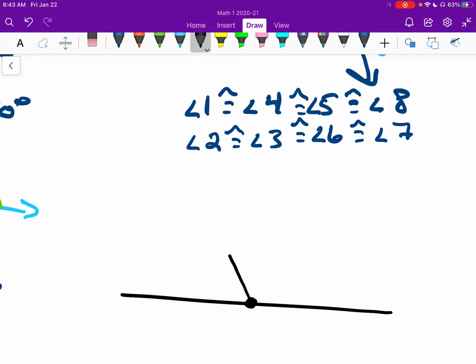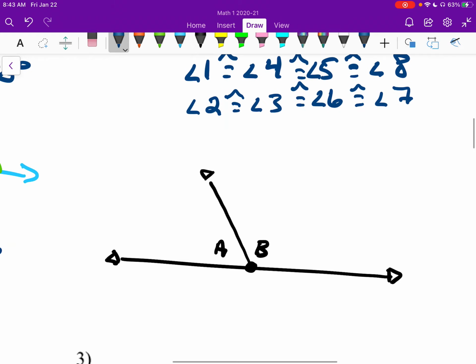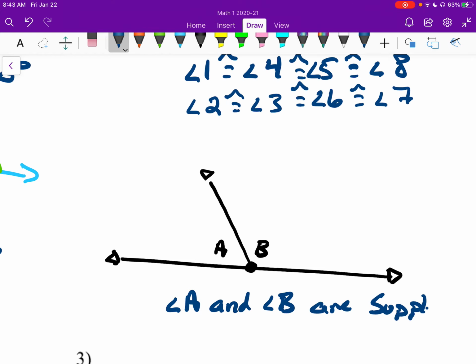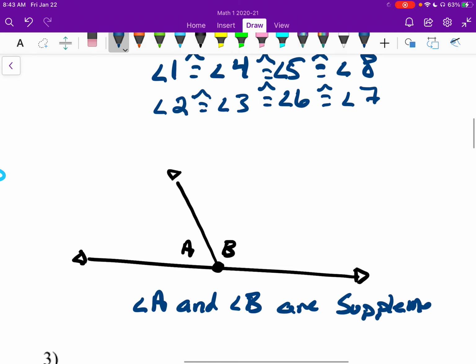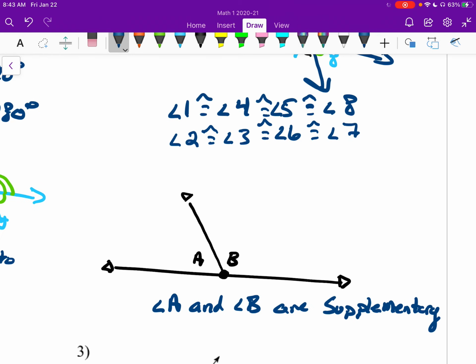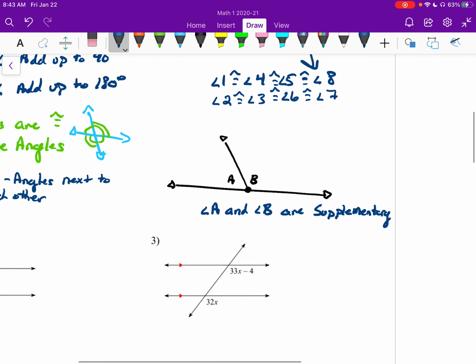If I have an angle come out of here, we'll call them angle A and angle B. You could say that angle A and angle B are supplementary. They add up to 180. So we're going to use that idea a lot down below.